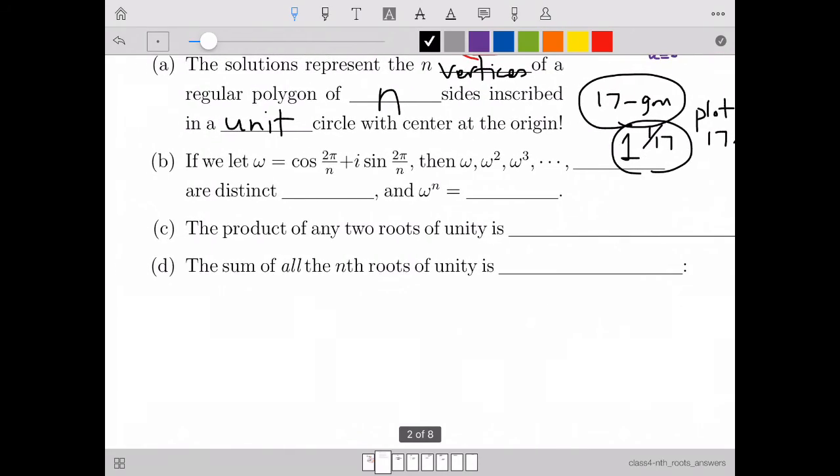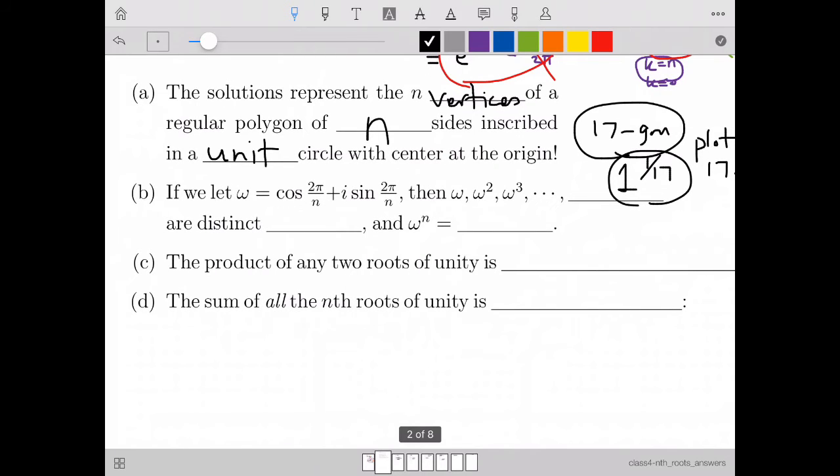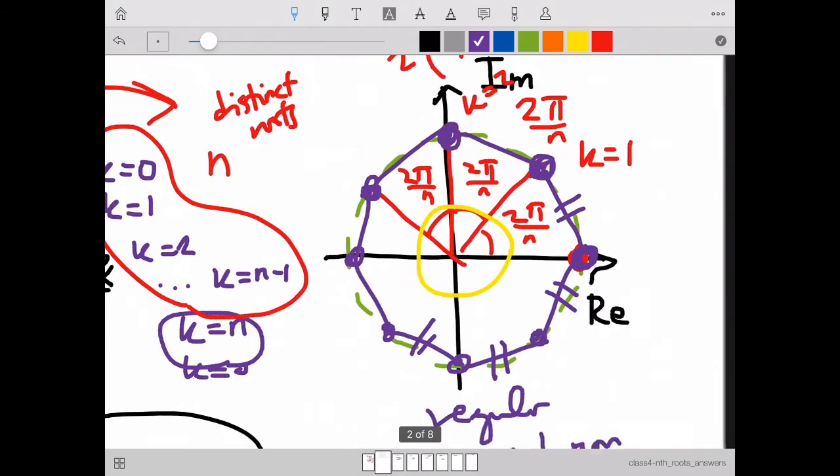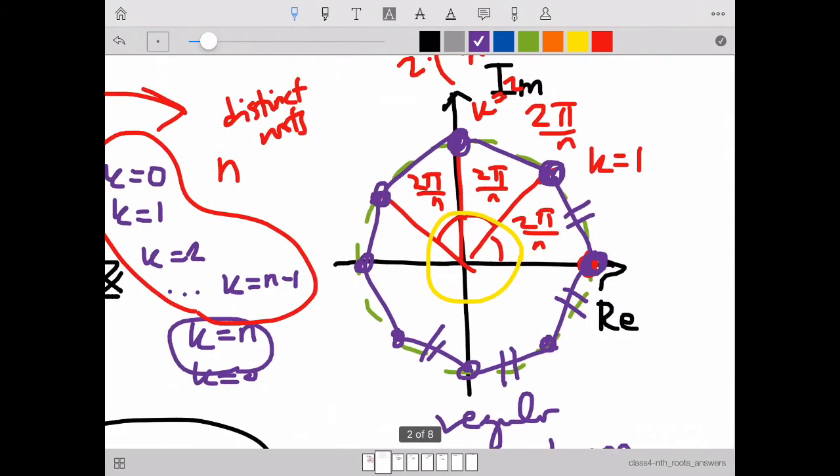If we let w equal cosine 2 pi over n plus i sine 2 pi over n, meaning w is that when k is 1. Okay. So this is w.